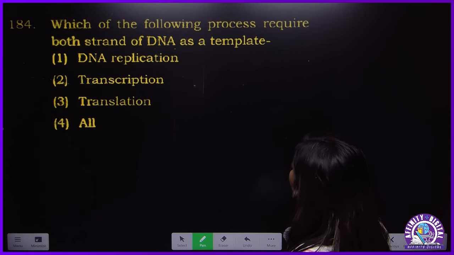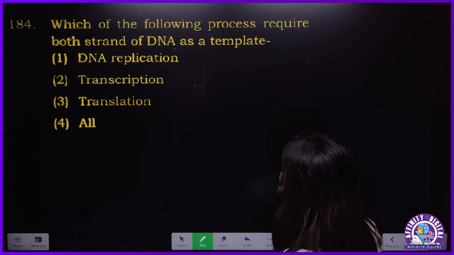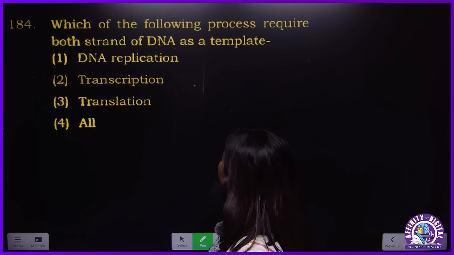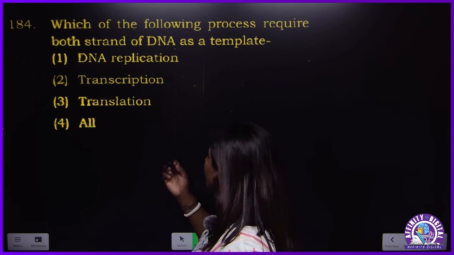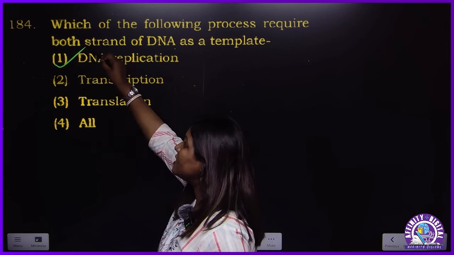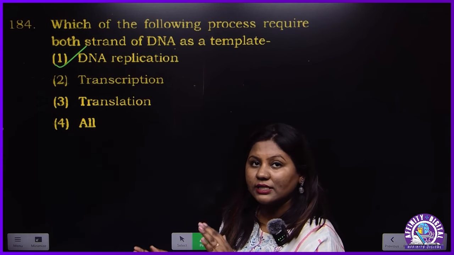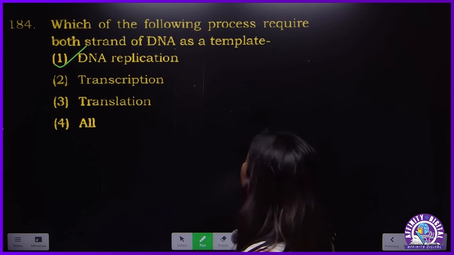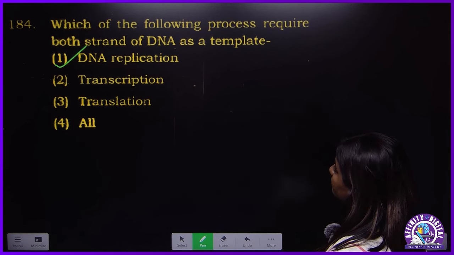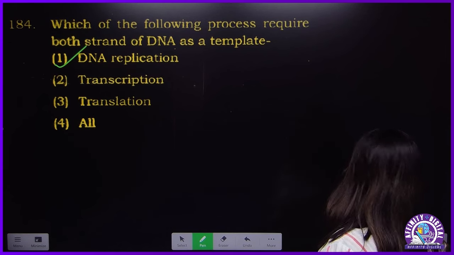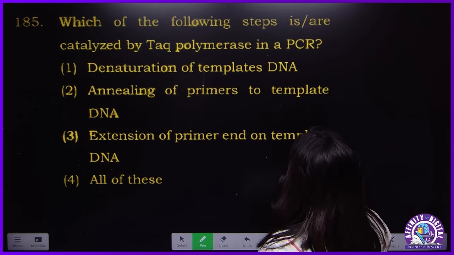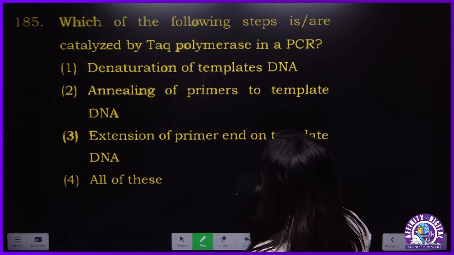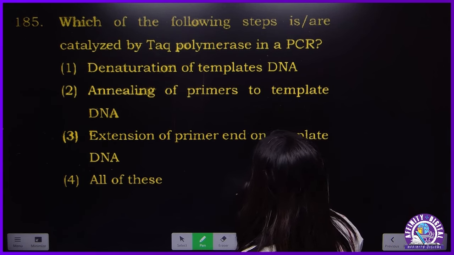Which of the following process requires both strand of the DNA as a template? It is जब हम लोग इसको रेप्लिकेट करेंगे, जैसे कि PCR में देखते हैं दोनों स्ट्रैंड्स का इस्तेमाल होता है to form the daughter strand. So it is DNA replication. Okay. Which of the following steps are catalyzed by the Taq polymerase in the PCR?